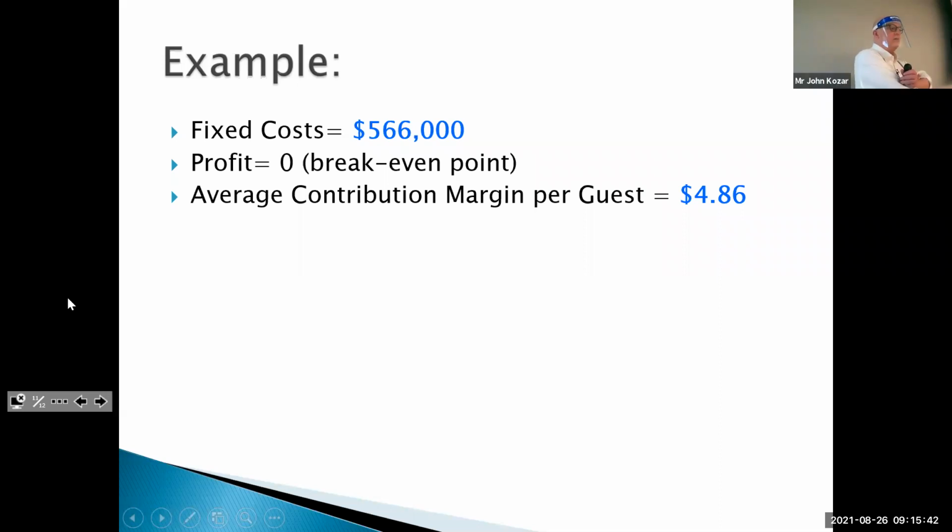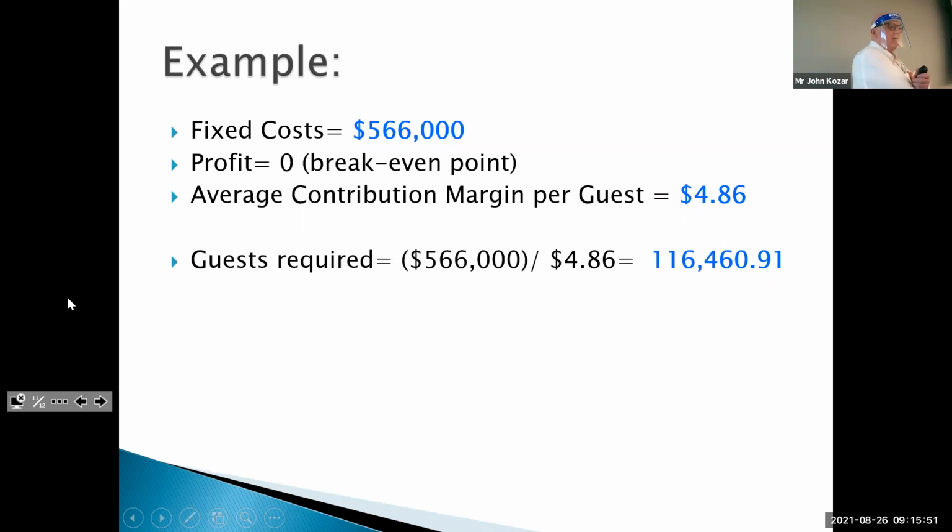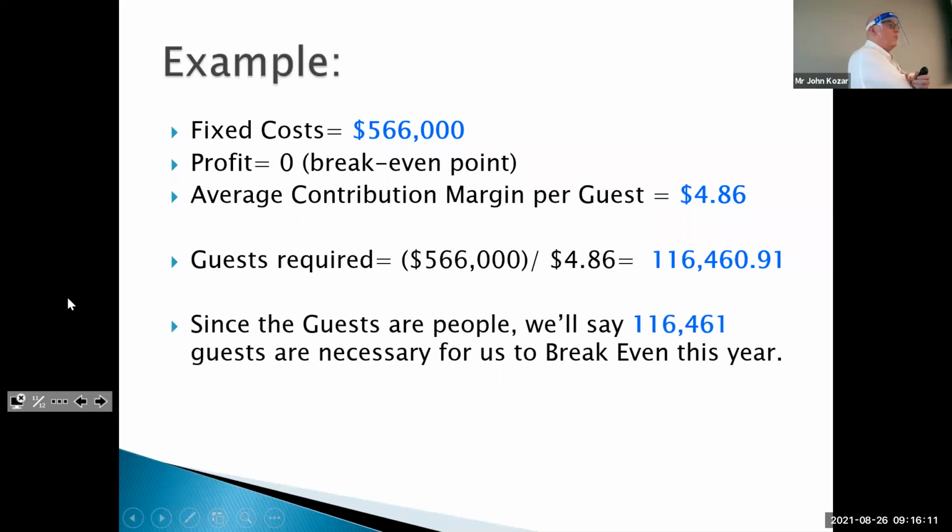Okay, we want to calculate the break-even point. The average contribution margin per guest is $4.86. So the number of guests required to make that profit, you divide the 556,000 by $4.86, and that indicates 116,460, and we're going to round that up because we can't have part of a person come in.